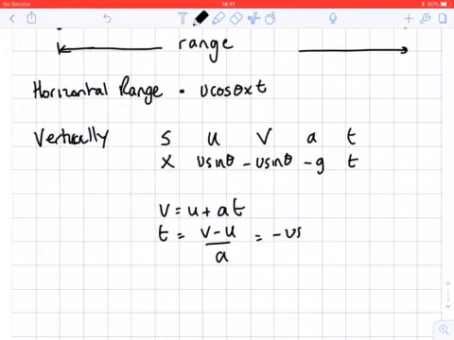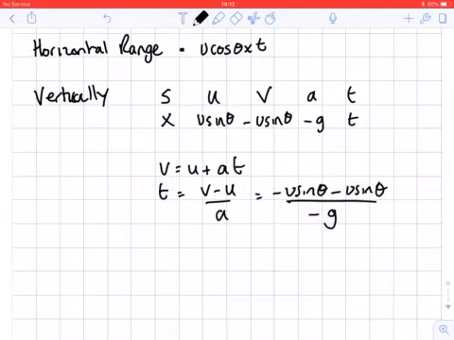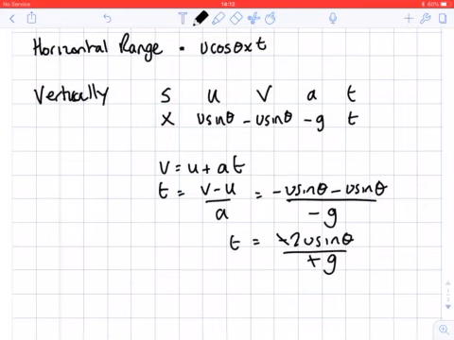So v is minus u sine theta, u is minus u sine theta again, divided by minus g. Now, gathering like terms on the top, I get minus 2u sine theta over minus g, and the negatives cancel, giving me a value of time as 2u sine theta over g.